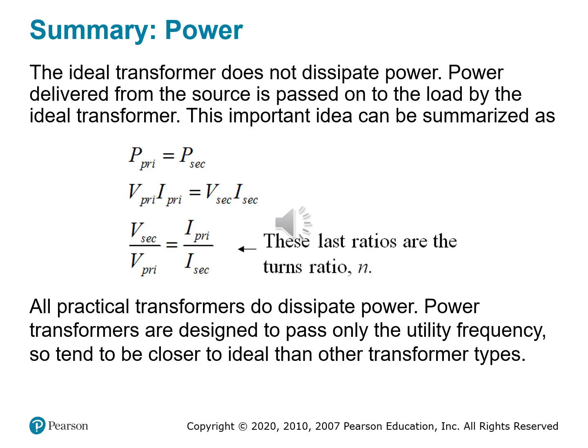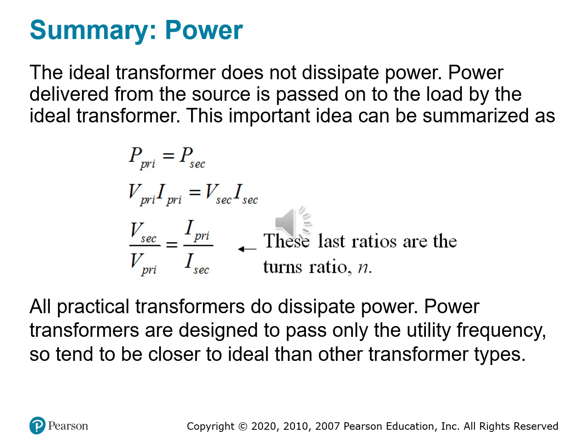That is just a universal law that power can neither be created nor destroyed, just changed. So power in the primary is equal to power in the secondary, or voltage in the primary times current in the primary is equal to voltage in the secondary times current in the secondary.